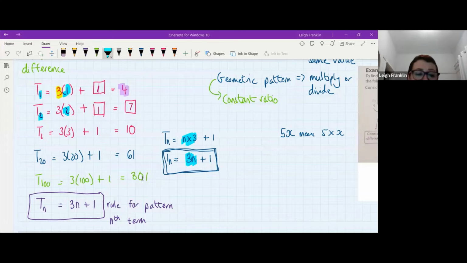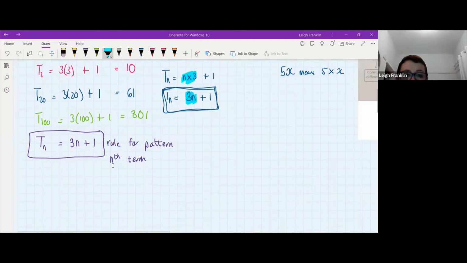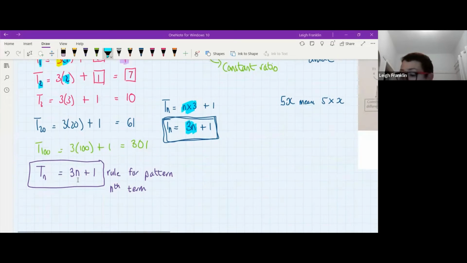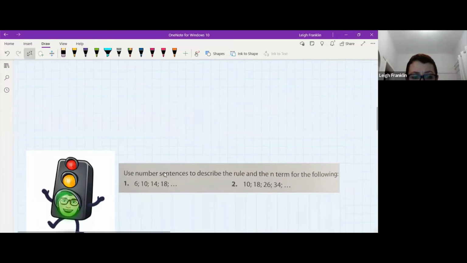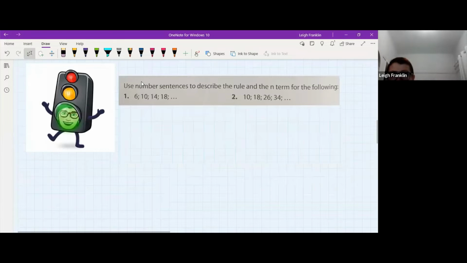Okay, so now that I have found the nth term for this pattern that was on the board, I want you guys to try and find the nth term for a pattern that I'm going to give you. When I say the nth term, what I'm talking about is what I did here in purple. This is the nth term. The first pattern I'm going to give you is number 1.